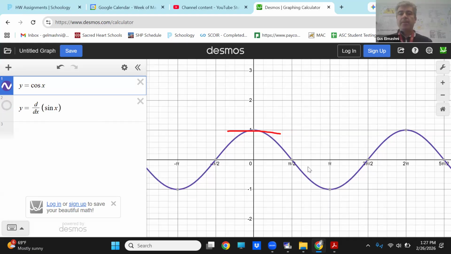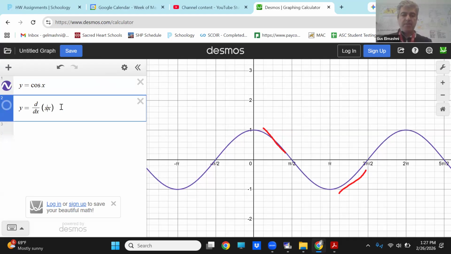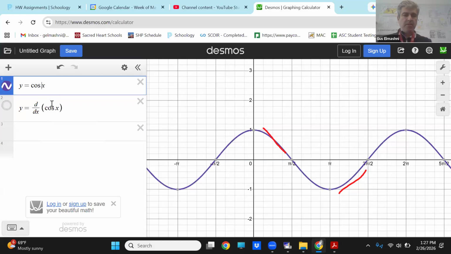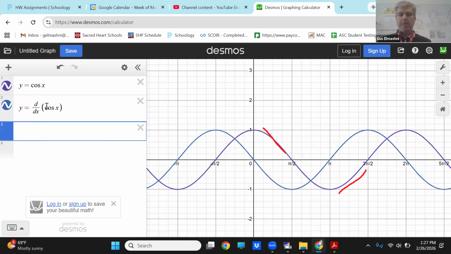However, the slopes are negative in the first quadrant, then positive afterwards. So it's almost like sine inverted. So it's negative sine x, yes. Oh, hold on, turn on. There we go, my bad. Yeah, so that's a negative sine x graph.